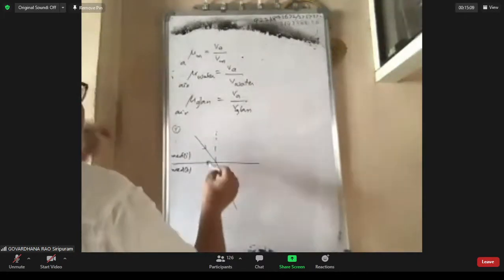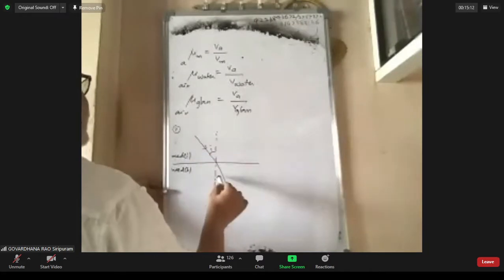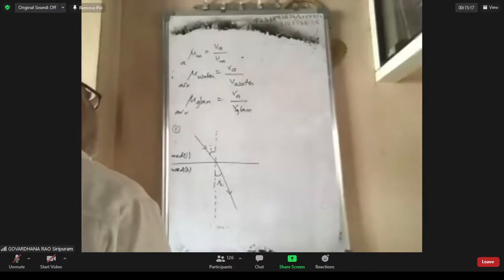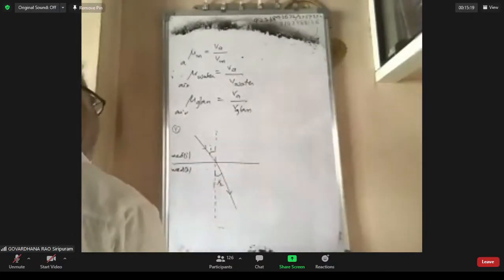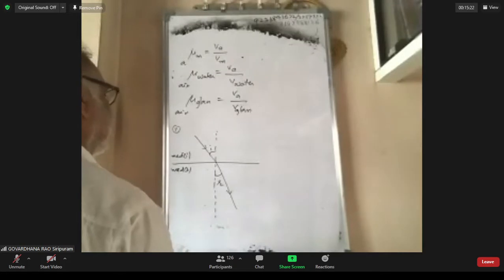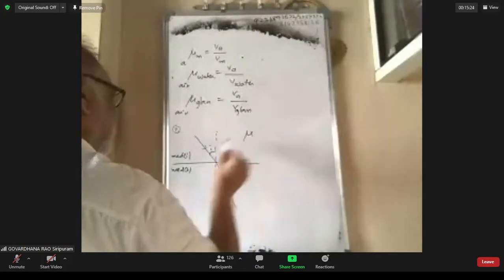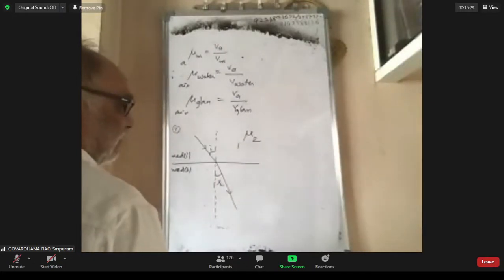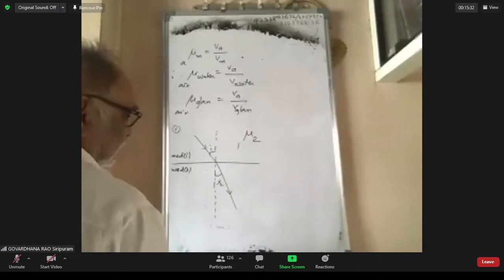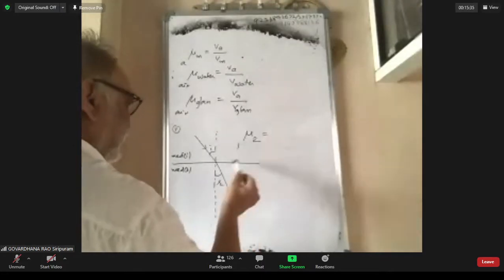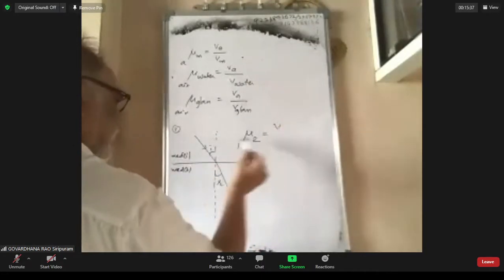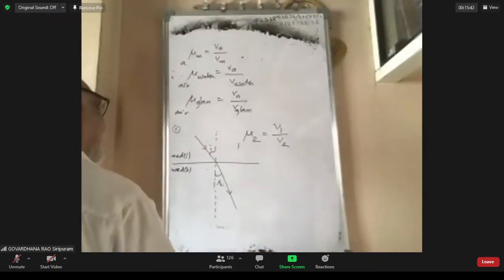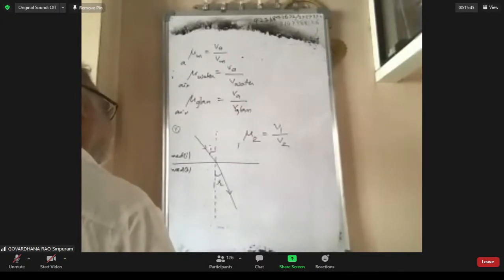This is the angle of incidence, angle of refraction. So when light enters from medium 1 into medium 2, the refractive index of medium 2 with respect to medium 1 is the velocity of light in medium 1 by velocity of light in medium 2.